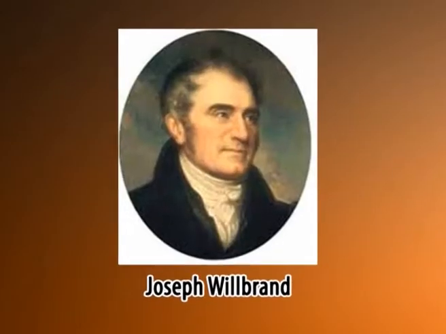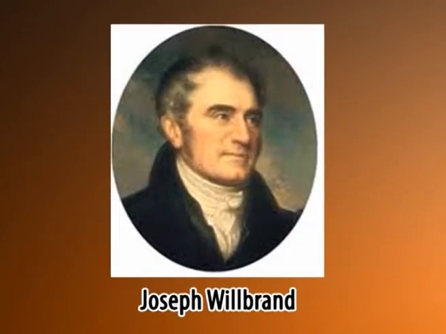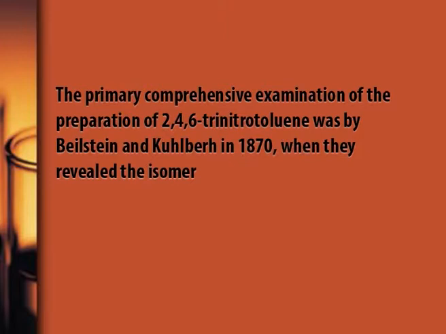In 1902, the Germans and British conducted experiments with trinitrotoluene, initially prepared by Wilbrand in 1863. The primary comprehensive examination of the preparation of 2,4,6 trinitrotoluene was by Beilstein and Kuhlberg in 1870.